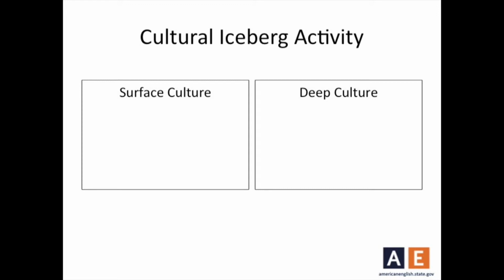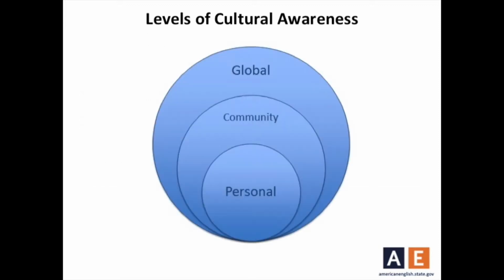At surface level, they might list foods and holiday traditions, while at the deepest level, students might list values and attitudes related to friendship and familial patterns. As students develop their own cultural awareness, you might have them return to their cultural icebergs to continue adding to them. The cultural iceberg activity is a good place to begin because it helps students explore their own cultures.